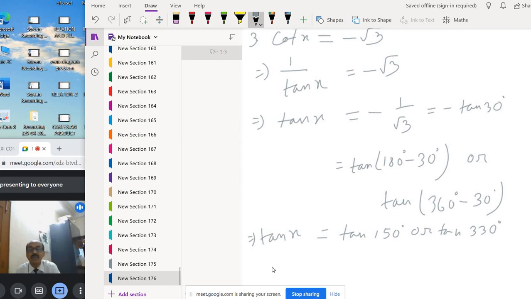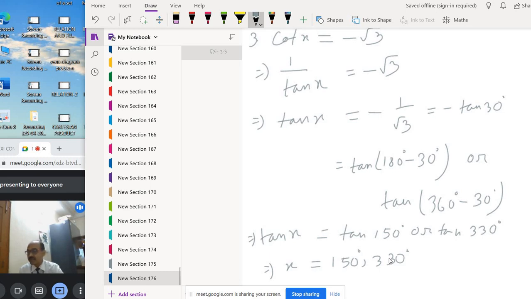Therefore x equal to 150 degree and another one is 330. The question was cot x equal to minus root 3, so we converted it to tan.